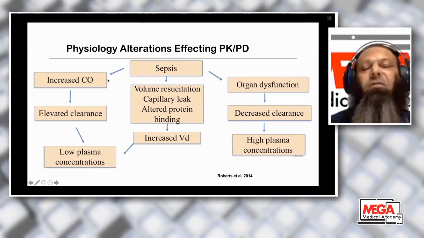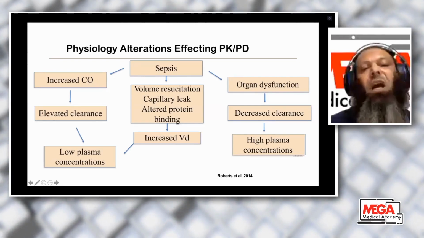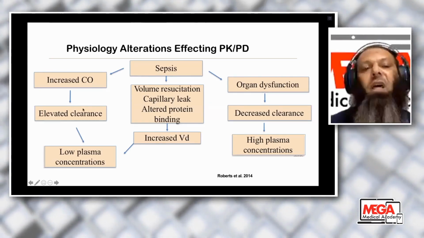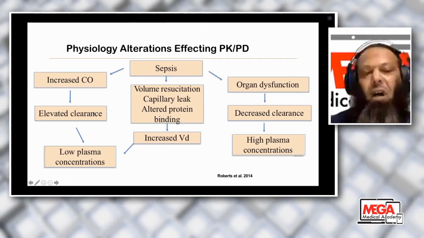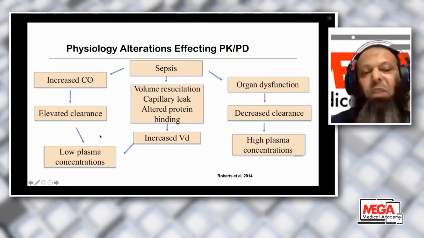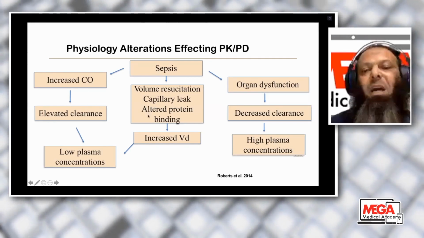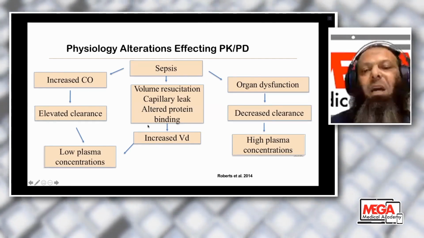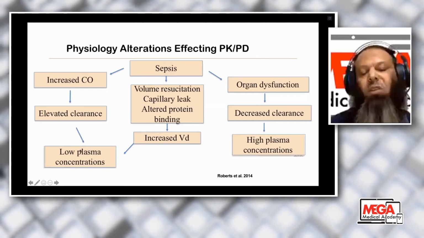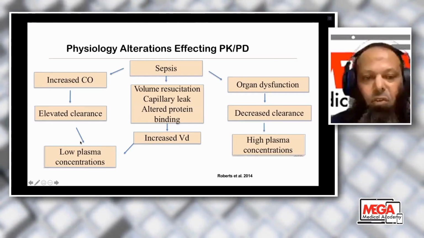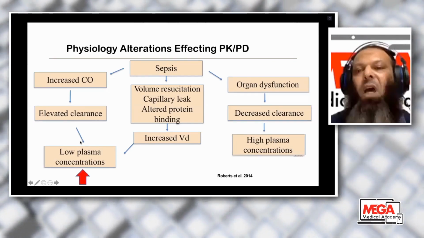Because of the hyperdynamic circulation, we have a high cardiac output status. This elevates the clearance of the antibiotics and medications. Combined with the capillary leak, the hypoalbuminemia, and the increased distribution, it will lead to low plasma concentration. So you have to be aware of this.